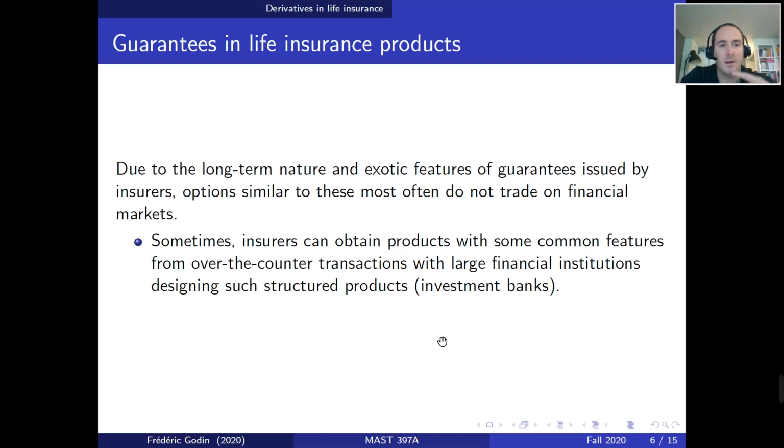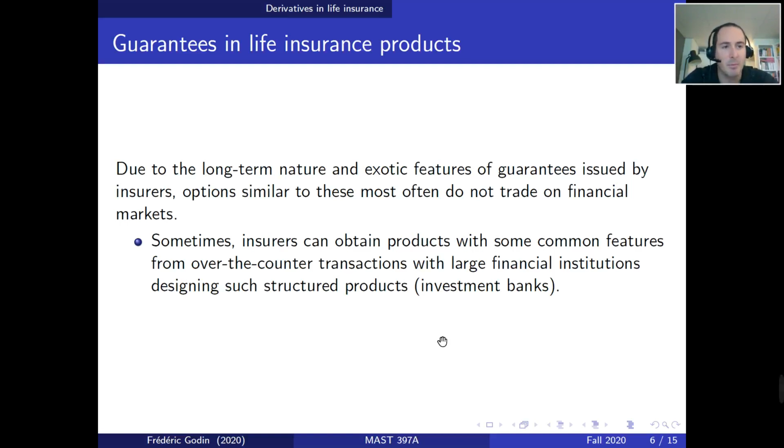So not only the promised benefit of the policyholder evolves, but the floor level could evolve through time. So sometimes insurers implement what we call ratchet provisions. I don't necessarily want to go in depth about this topic, but ratchet provisions entail that once in a while, if for example the stock market goes up by more than 15%, then the floor level will be increased by 15% or something like that.